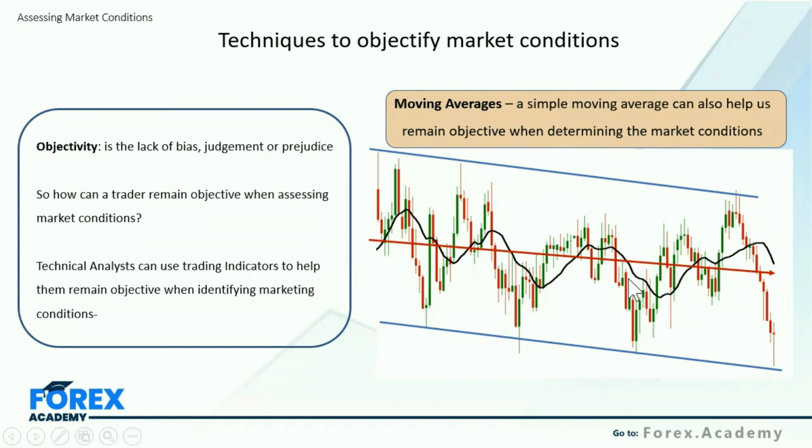And that is obviously a good thing for range-bound traders. It can provide them with potential opportunities to sell the highs and buy the lows. And this is just another technique that can be used to assist you with market conditions.